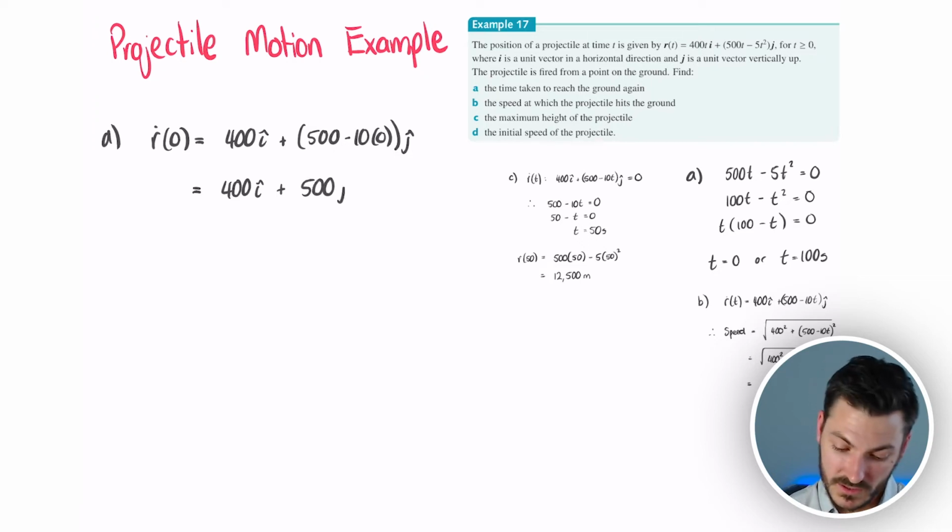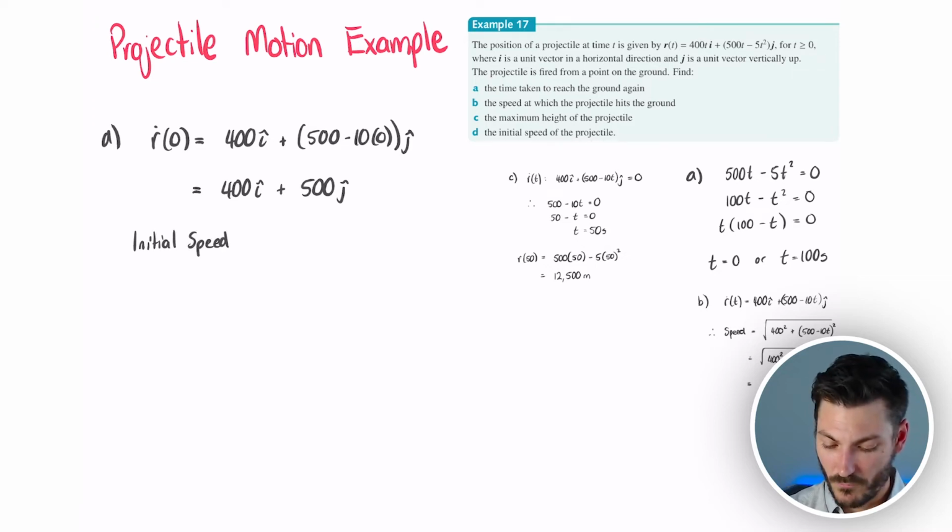The initial speed, so that's the magnitude of the initial velocity vector, is equal to the square root of 400 squared plus 500 squared.